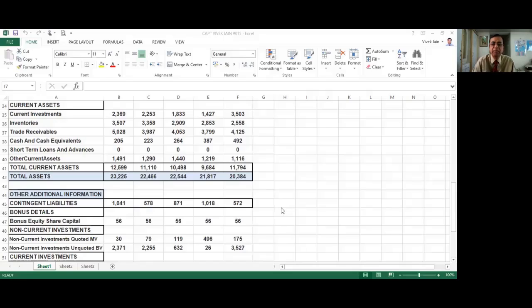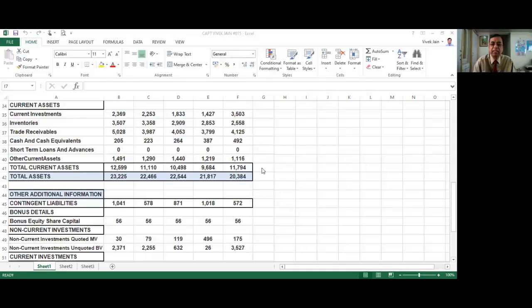Bonus means when free shares are issued to the shareholders, and it capitalizes the shareholders' reserves and transfers the amount from shareholders' reserves to the equity capital of the company. And the shareholders are rewarded with free shares, increasing their number of shareholdings. So that has probably increased it twice over 27 nearly, you see. So 27 plus 56 makes it 83 crores.